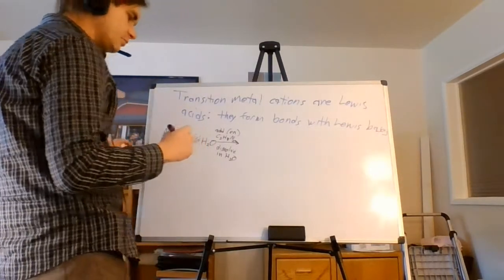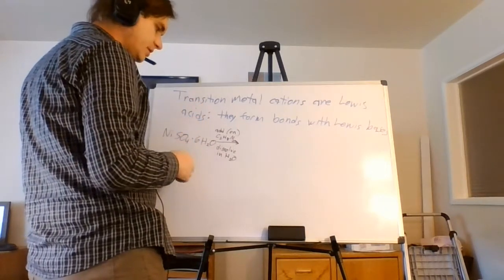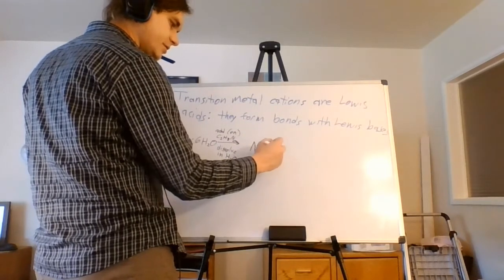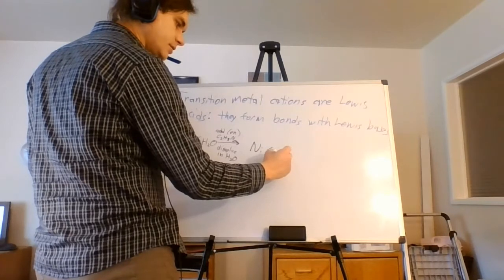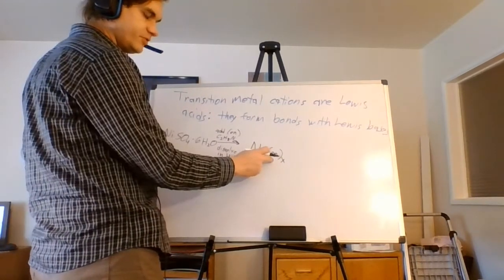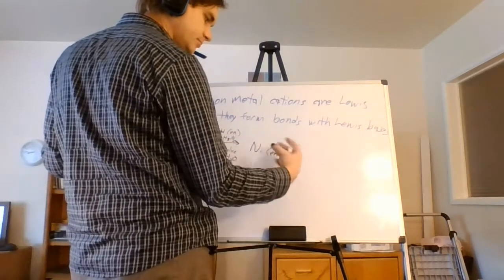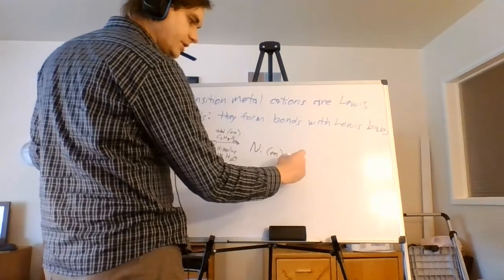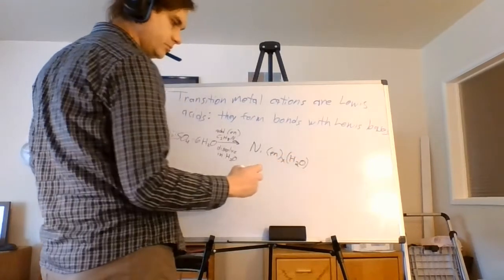We're going to add that, and we're going to end up with a substance that has the formula nickel En, then some coefficient, some subscript for the En, for how many we have in the complex. The other spaces for ligands are going to be filled in with water molecules.